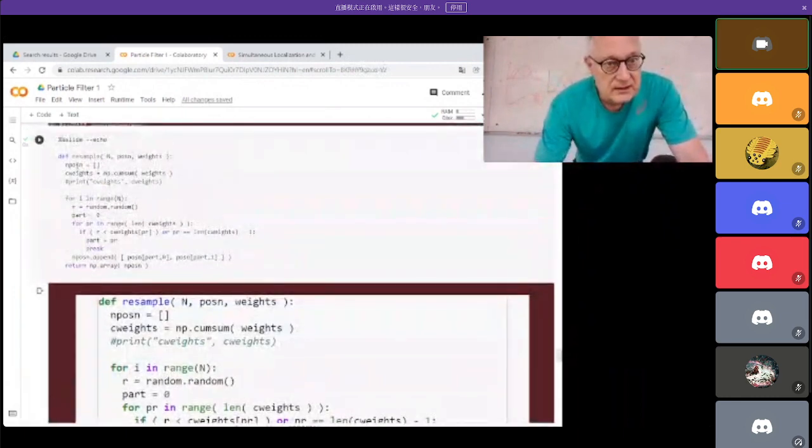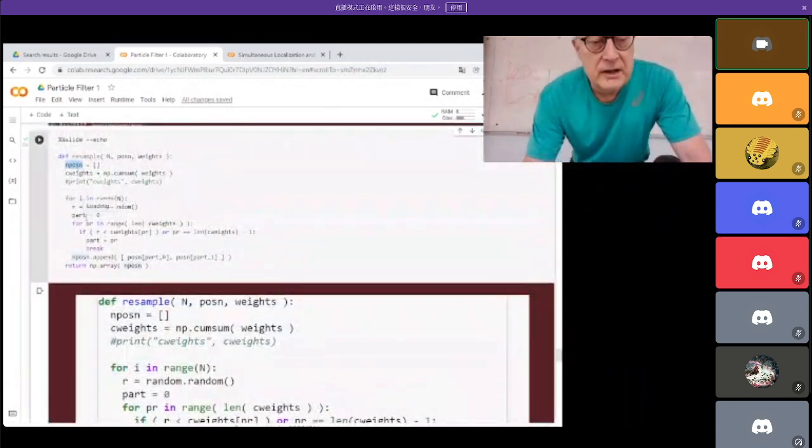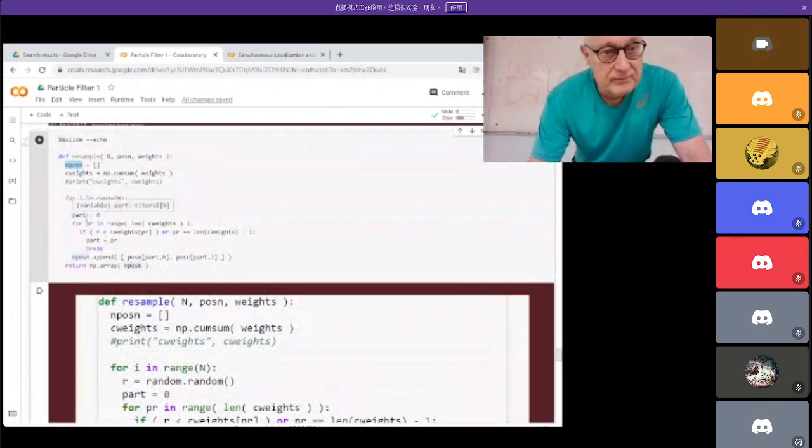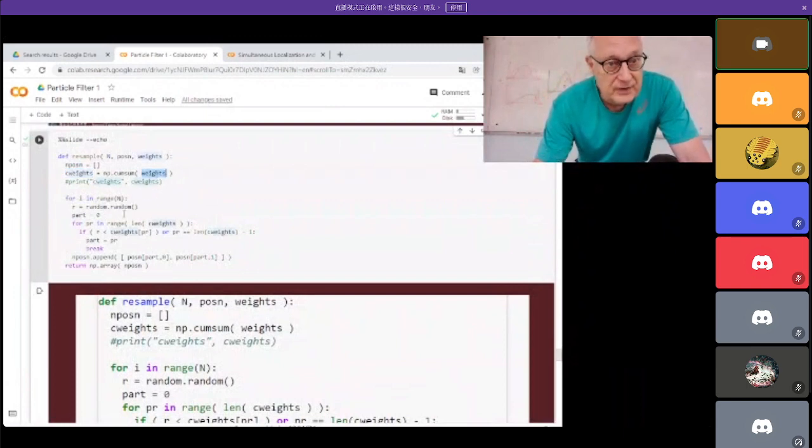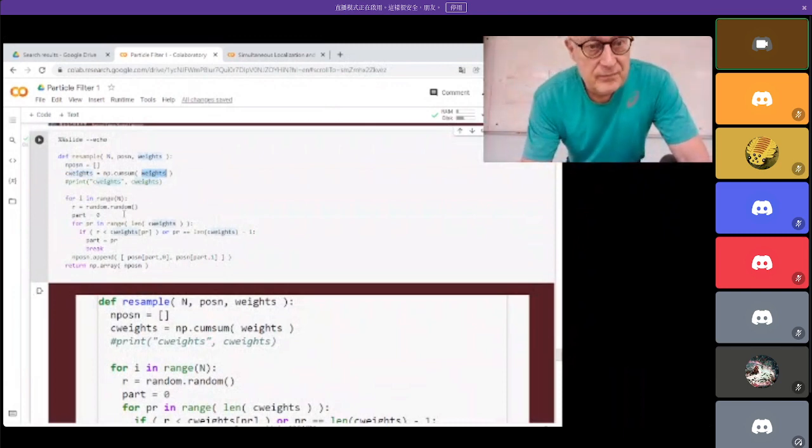So we calculate a new set of particles, a new set of positions. I sum up the weights, a cumulative sum of the weights, which gives me a probability that ranges from 0 to 1.